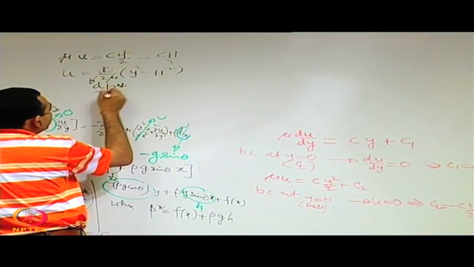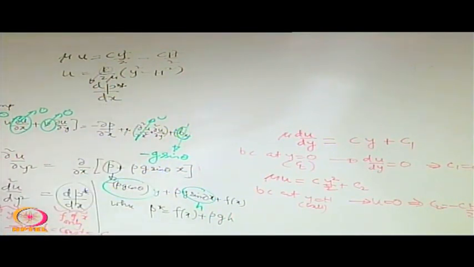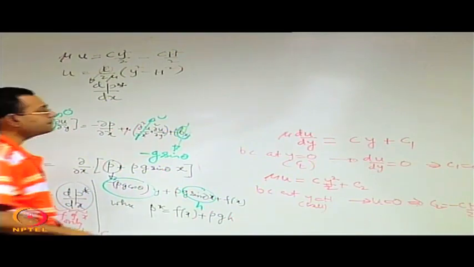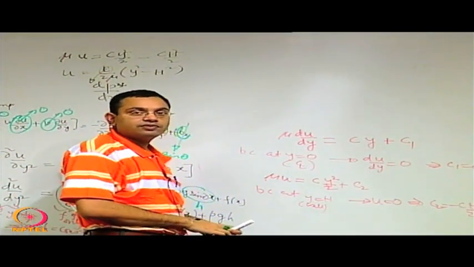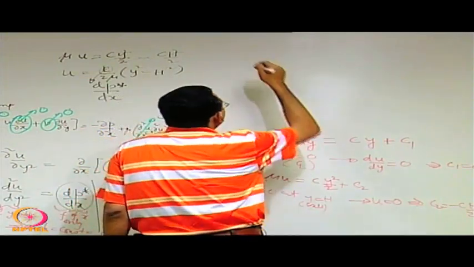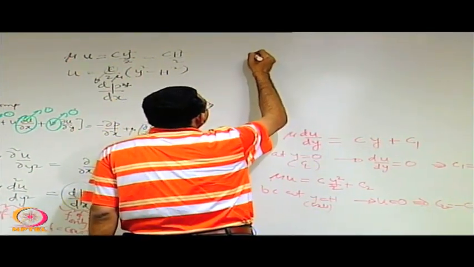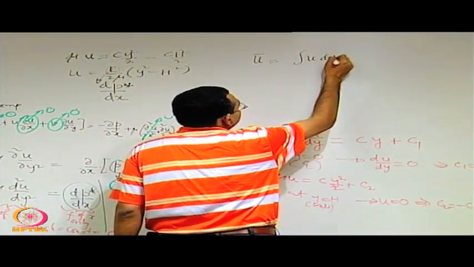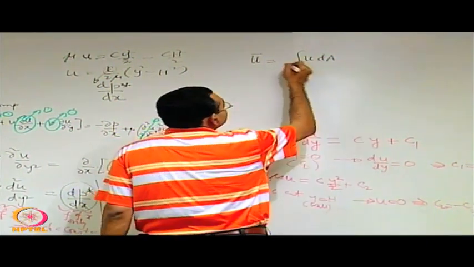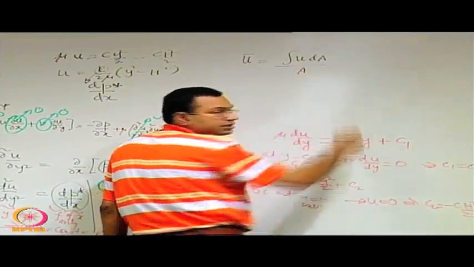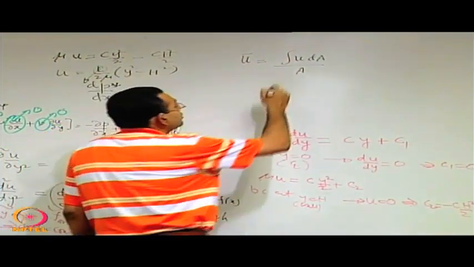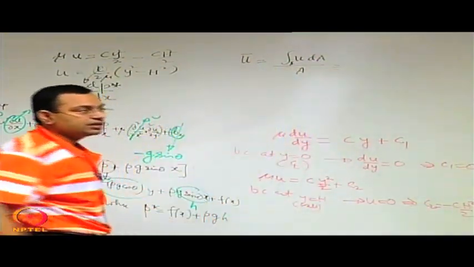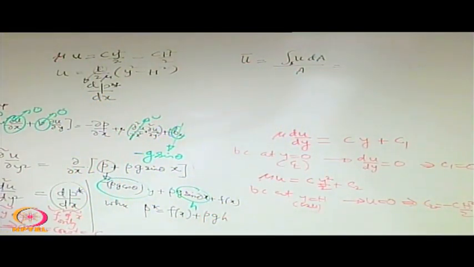Sometimes it is not a bad idea to write it in terms of the average velocity. So what is the average velocity? How do you find out what is the average velocity? So average velocity u average is what? Integral of u over the area of cross section divided by the area of cross section, right? So here the area of cross section dA is what? You take at a distance y.